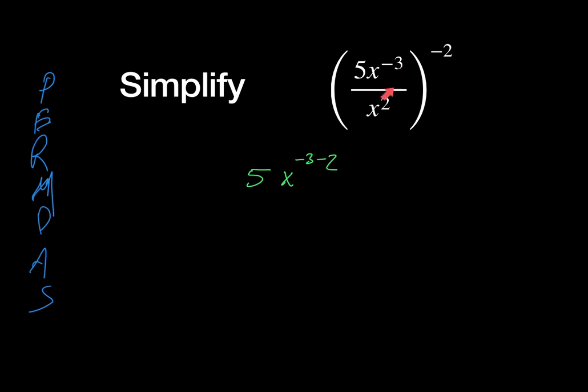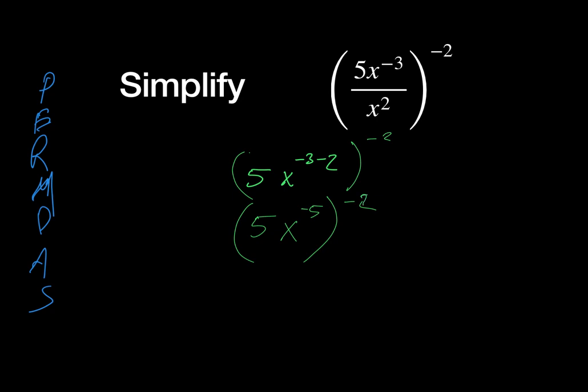Again, when it's division, same bases, numerator exponent minus denominator exponent. Negative 3 minus negative 2. And the whole thing is still raised to the negative 2 power. Simplify what's inside, so 5. So negative 3 minus 2 is negative 5. And then the whole thing is still to the negative 2 power.